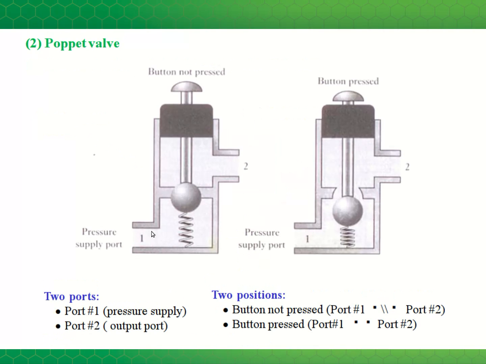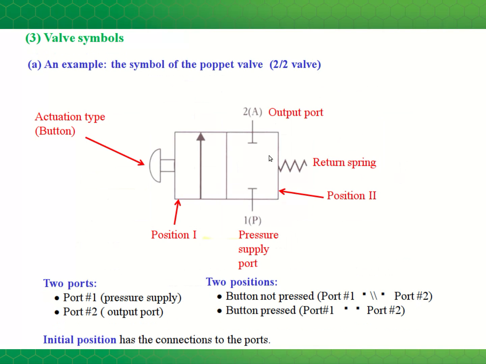Just like here, there are 2 ports. And then the positions are indicated by these rectangles or boxes. So that valve had 2 positions, either fluid flowing or both ports closed off. And so this symbol has 2 boxes. In this position, the ports are closed off, and in this position, fluid flows from one to the other.